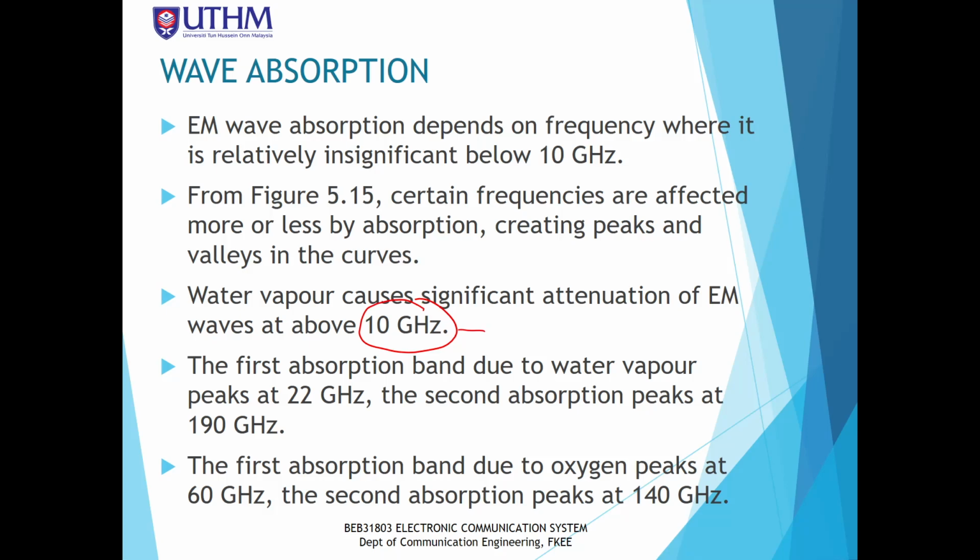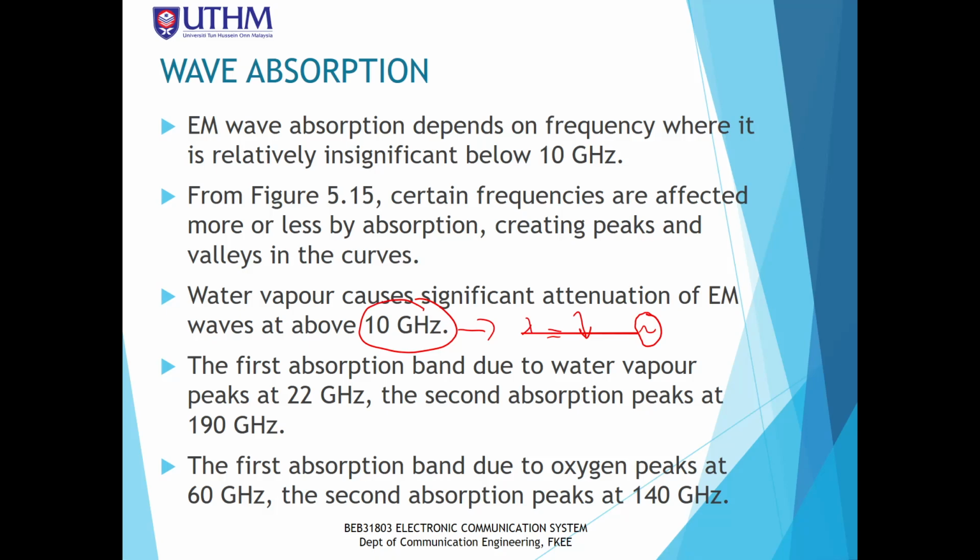You see that here, the lambda becomes smaller. Lambda becomes small due to the high frequency. So what happens is that the wavelength becomes smaller than the size of the raindrop. The size of the raindrop becomes bigger than the wavelength.